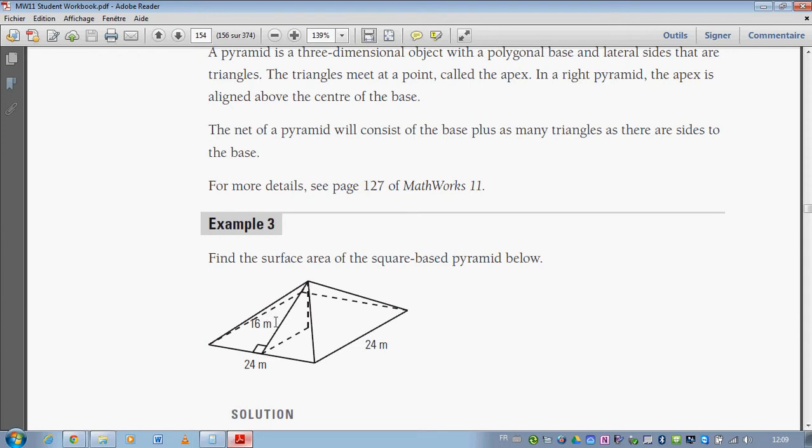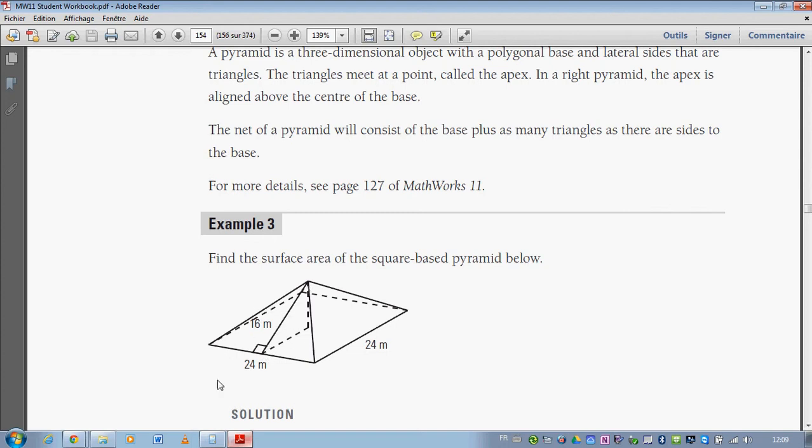So once again, I am asking you to look at this in terms of the net, because right now we're talking about the height of the triangle, not the height of the pyramid, which is this dotted line right here. We are going to have some questions that deal with the height of the pyramid, so that's why I'm making the difference between the two. This right here, the 16 meters, is the slant length of the pyramid, or otherwise known as the height of the triangular faces.